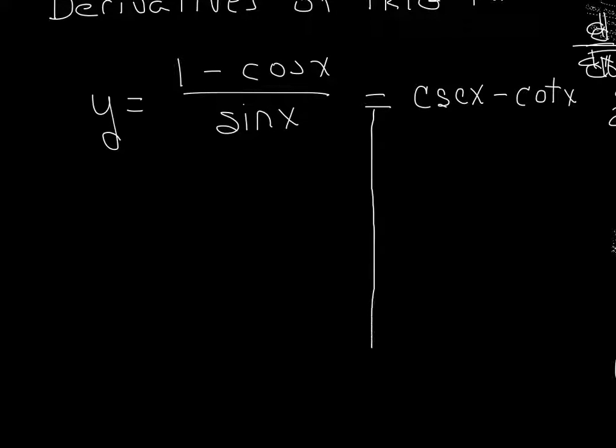And I'm going to draw a line, kind of like we used to do with the trig proofs. And we're going to find the derivative using the quotient rule, and then we'll find the derivative of the simplified function.